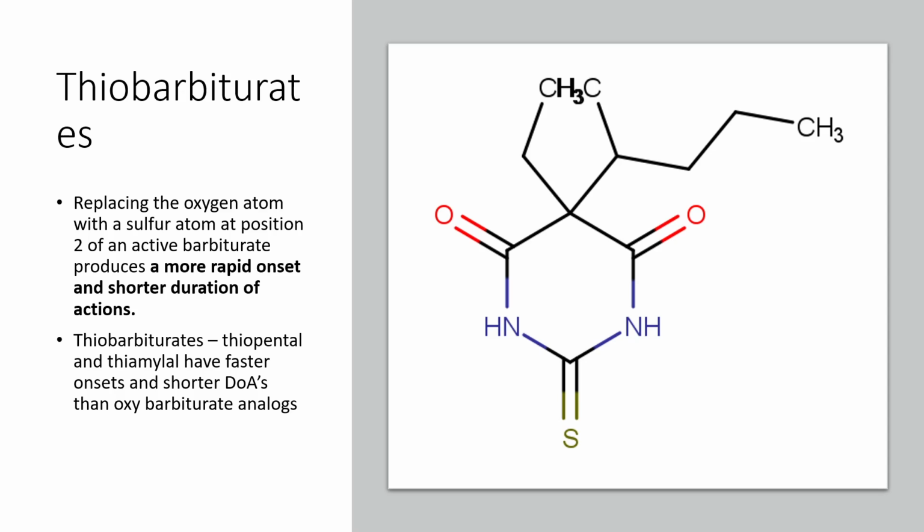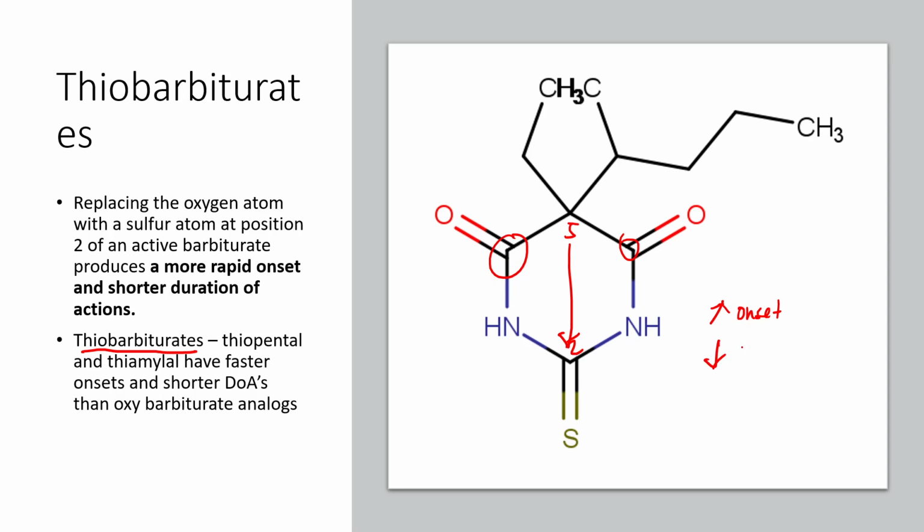Next is our thiobarbiturates. So if we replace the oxygen atom at position 2, remember this is 5, a plain carbon surrounded by 2 carbonyl groups. The opposite one is 2. If you replace oxygen with sulfur, you can form a thiobarbiturate, like our thiopental. It produces a rapid onset of action.